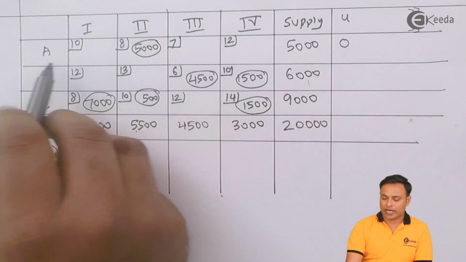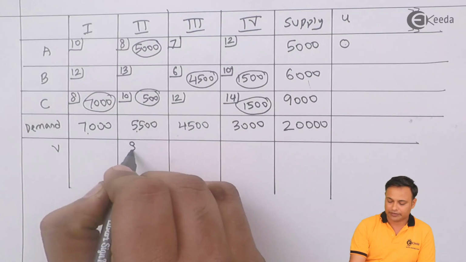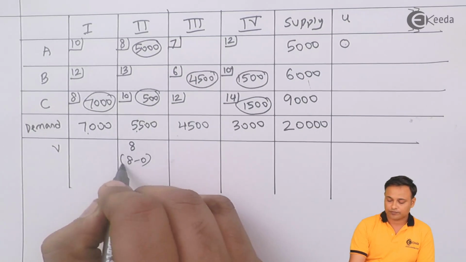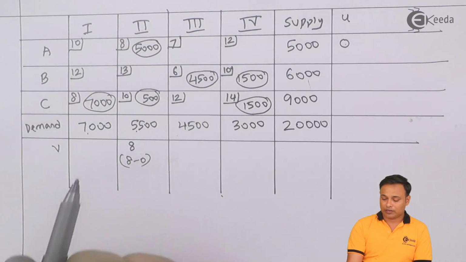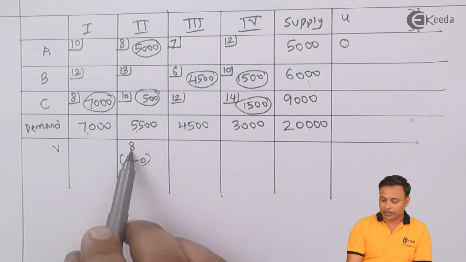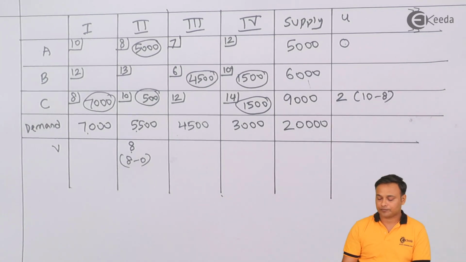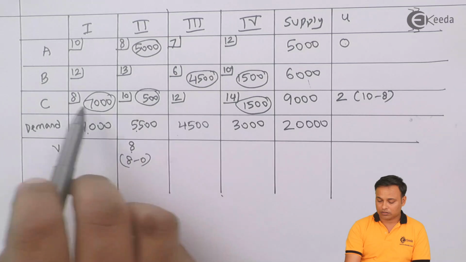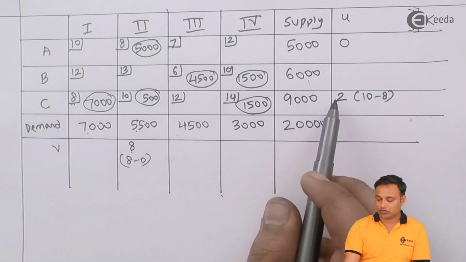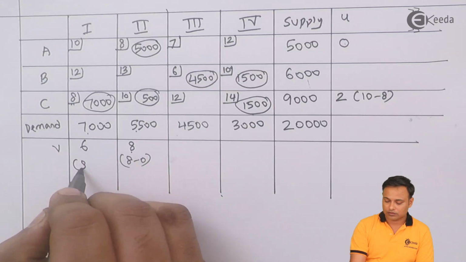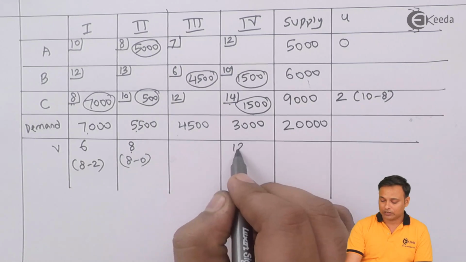In the first row, I have an occupied cell where the cost is 8. So 8 minus 0, it will be 8. Now in this particular column, I have an occupied cell 10. 10 minus 8. In this particular third row, I have got two occupied cells. One is 8. 8 minus 2, it will be 6. And 14, where 14 minus 2 will be 12.